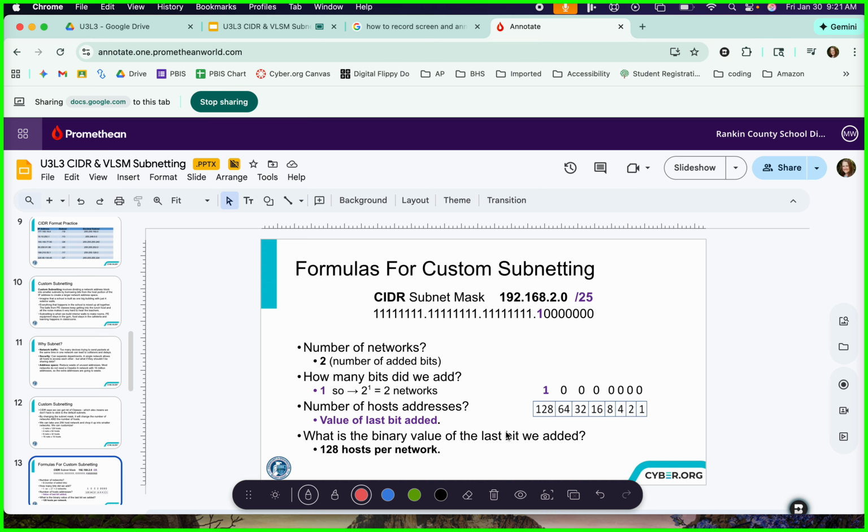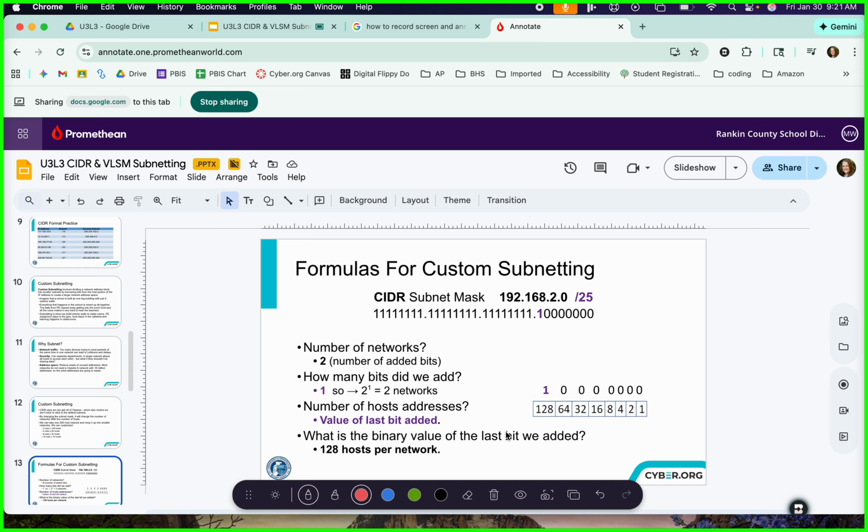If you have 4 subnets, you have 64 hosts per network, and 4 times 64 is going to give you 256. If you have 8 networks, you have 32 host addresses per network. 8 times 32 is 256. If you have 16 networks, you have 16 host addresses per network. 16 times 16 is 256.